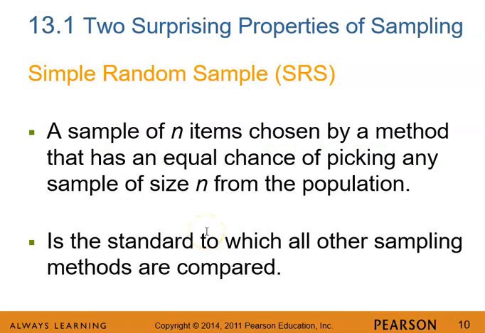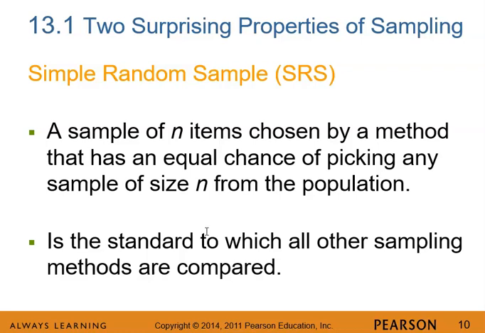One method of random sampling is simple random sample, or SRS. A sample of n items chosen by a method that has an equal chance of picking any sample of size n from the population is called a simple random sample.